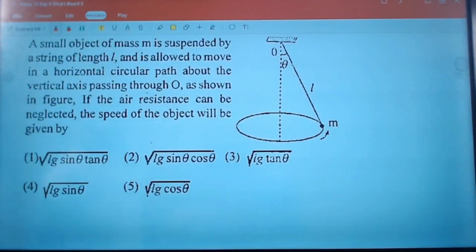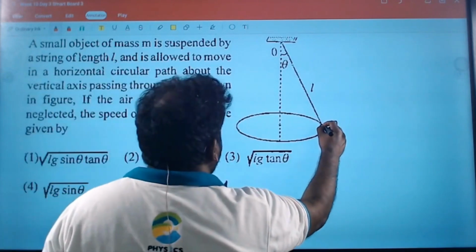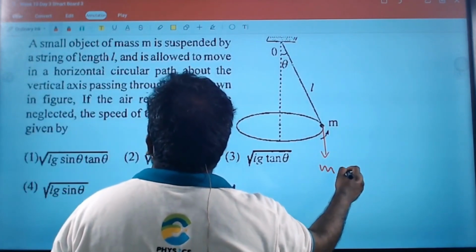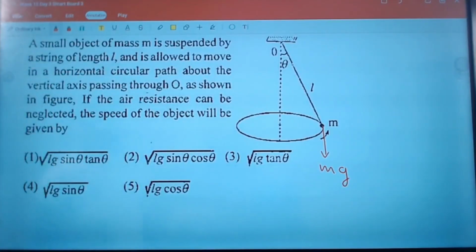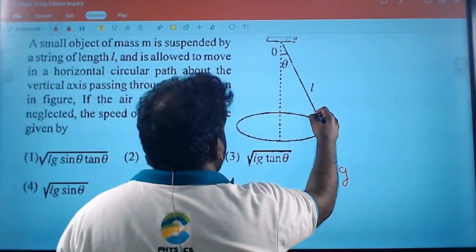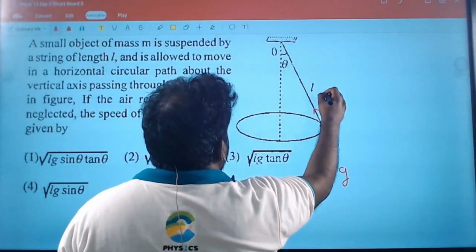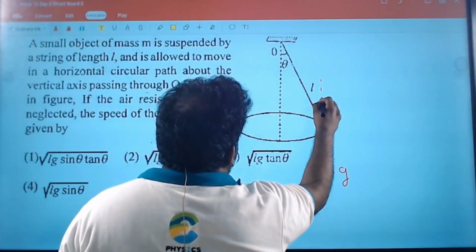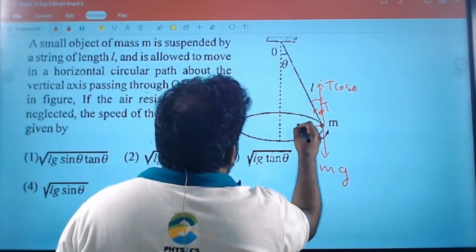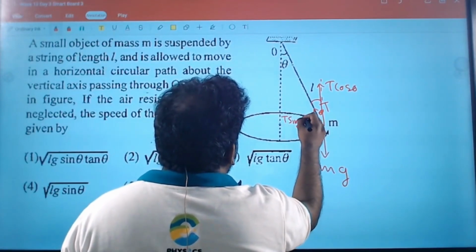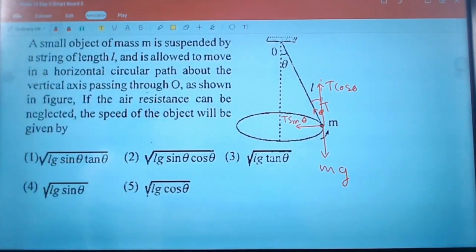Small object of mass m is suspended in L. Here tension is there. So T cos theta balances weight. T sin theta provides centripetal force.